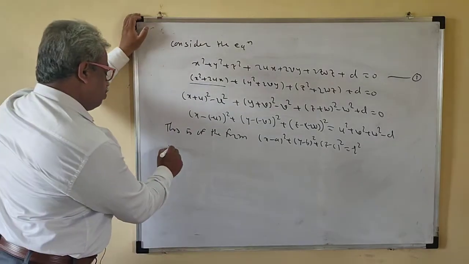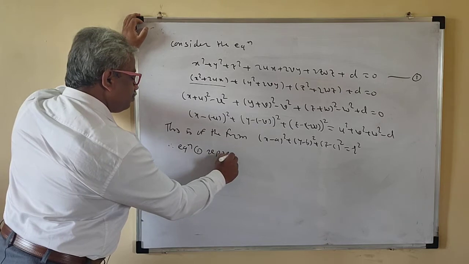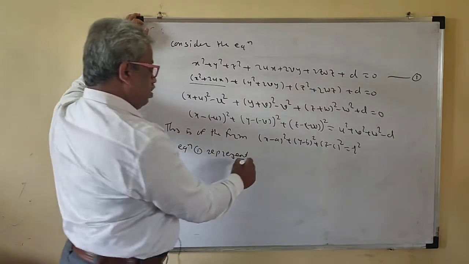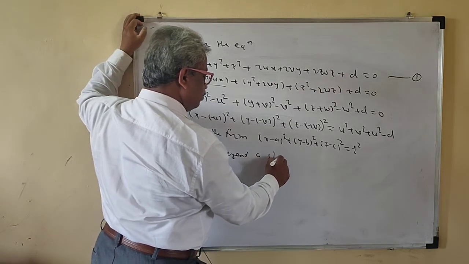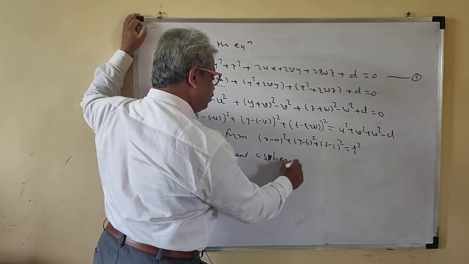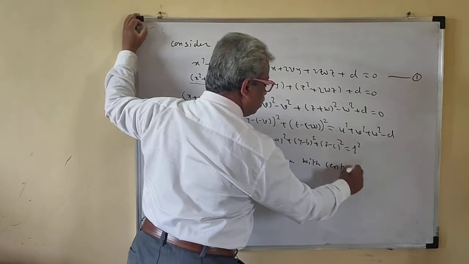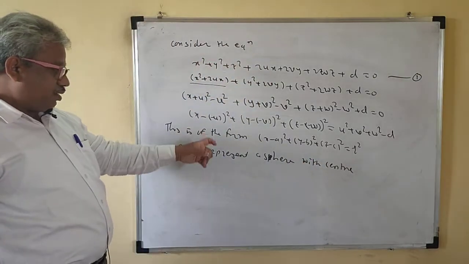Therefore equation 1 represents a sphere with center (a, b, c).